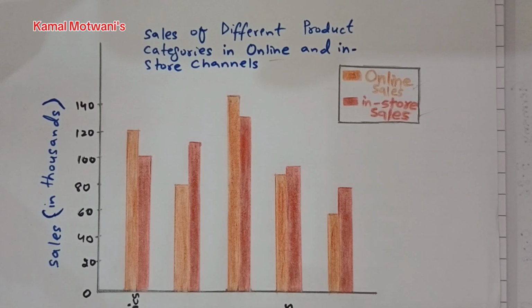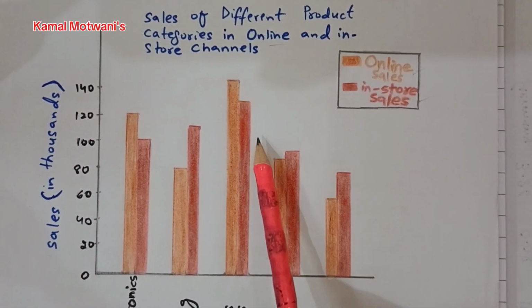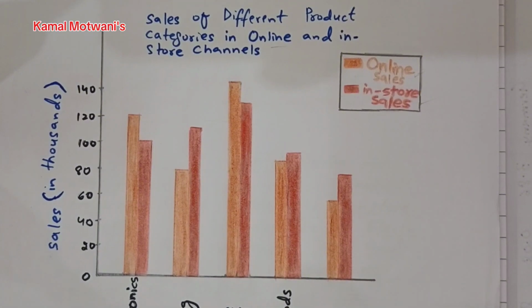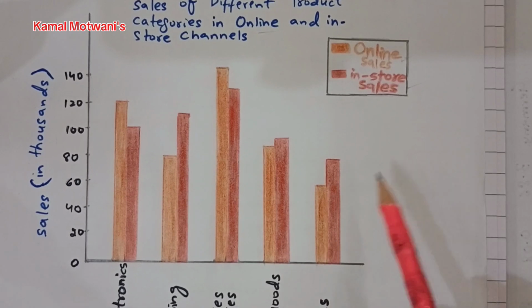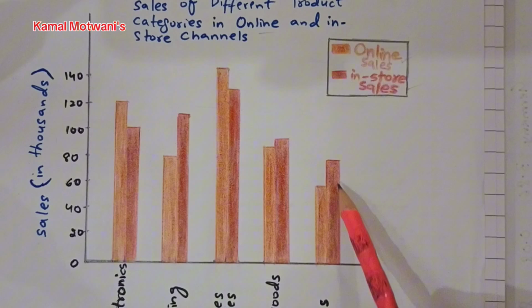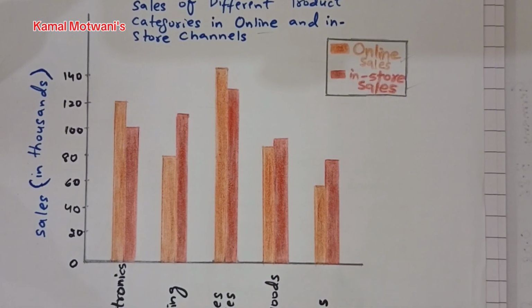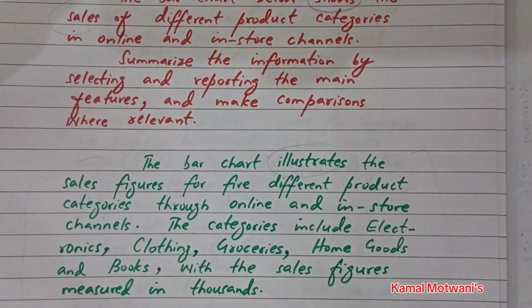Groceries have the highest bars of online and in-store sales. Now, the lowest in-store sale pertains to books. This is the smallest red bar. And even for online sales, the lowest online sales pertain to books. So this is the overall information that we have to narrate in the overview paragraph.